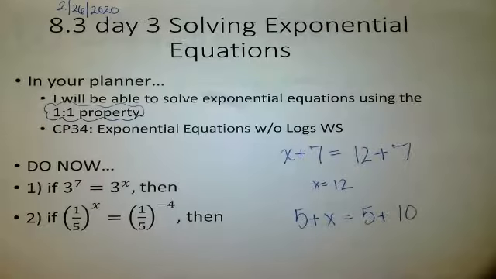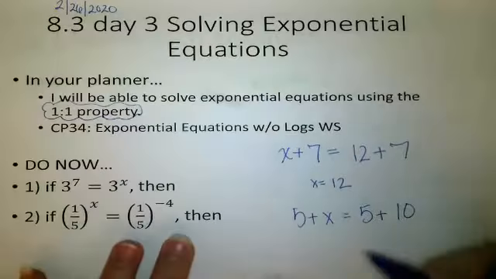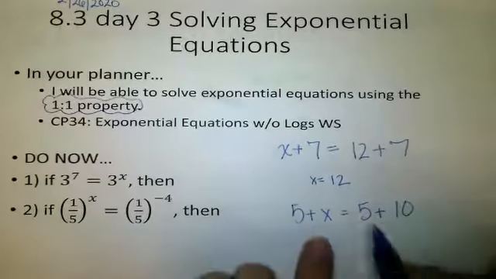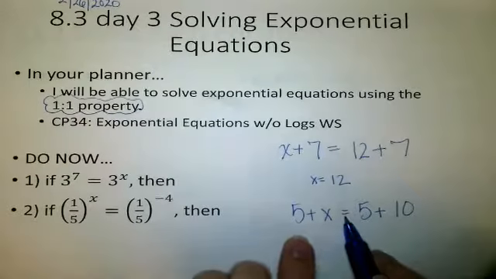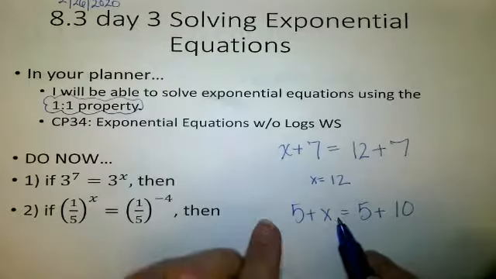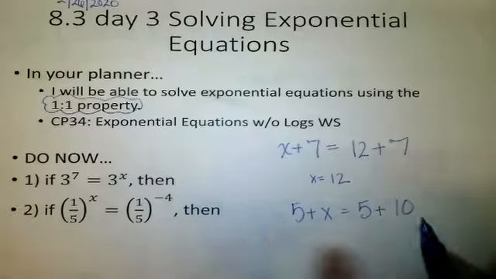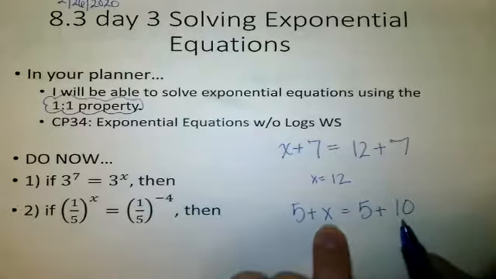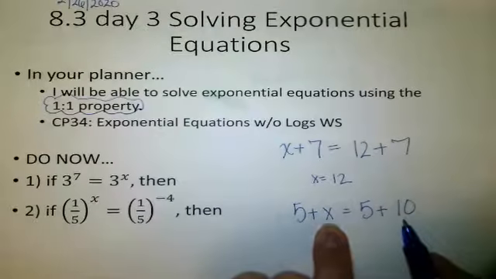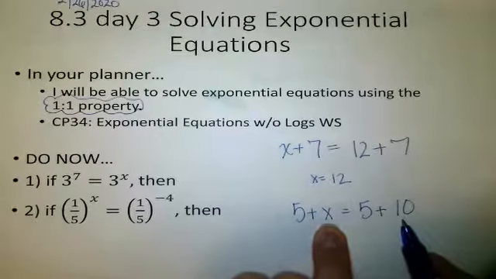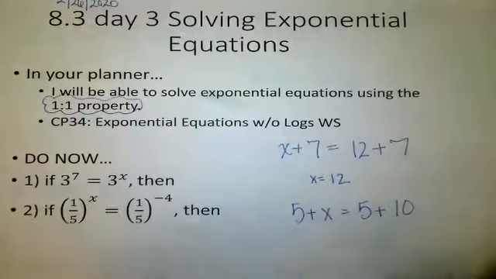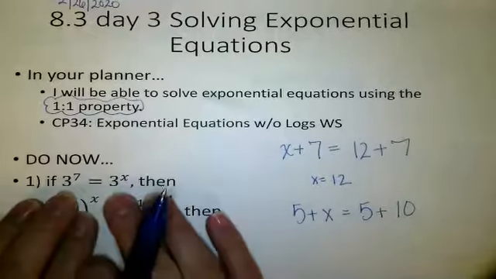Okay, don't overthink it. If the left side is supposed to be exactly the same as the right side, then that x should be 10, right? To make them identical. That's what equality means. The same thing is true here.